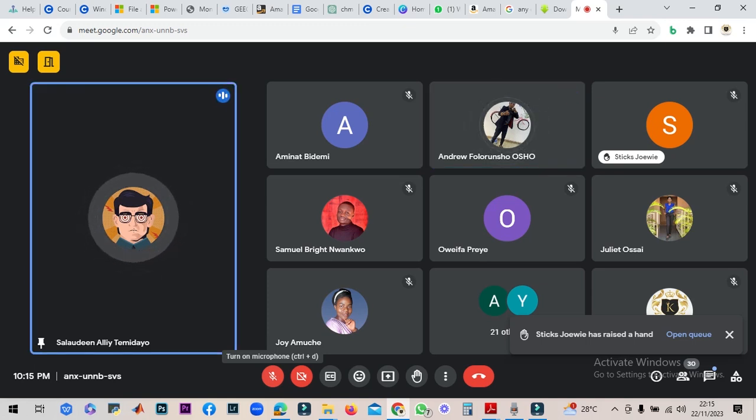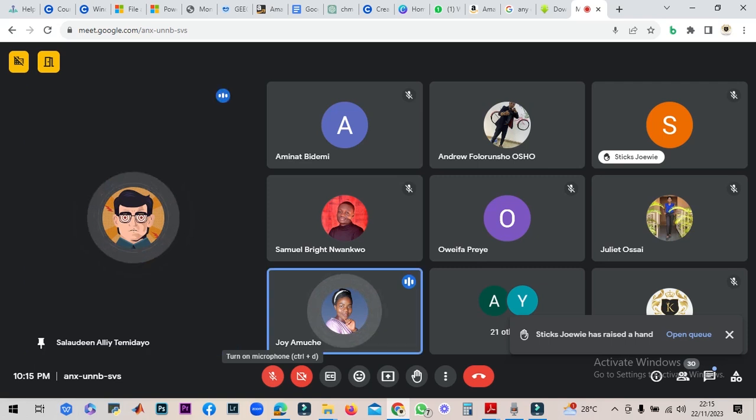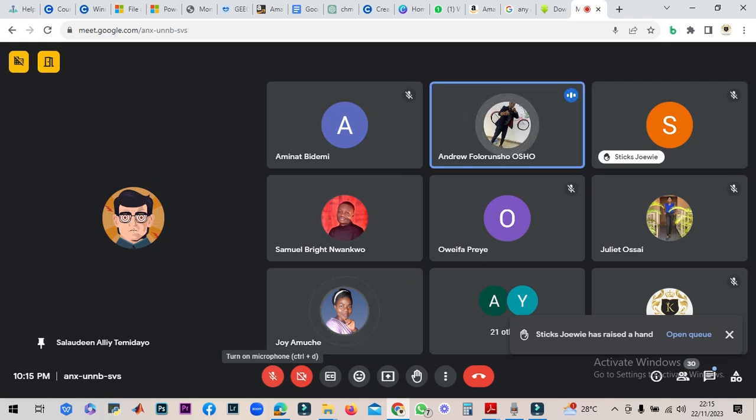Don't let them write formula mass again. No, it's formula mass that is in the course material. Formula mass and molar mass.